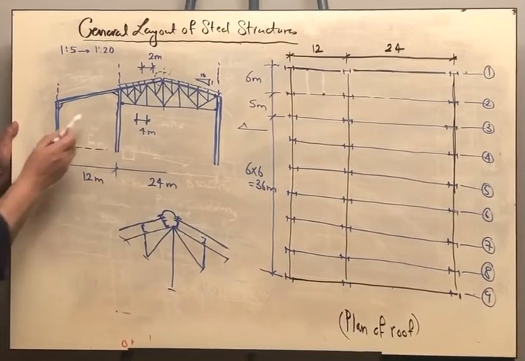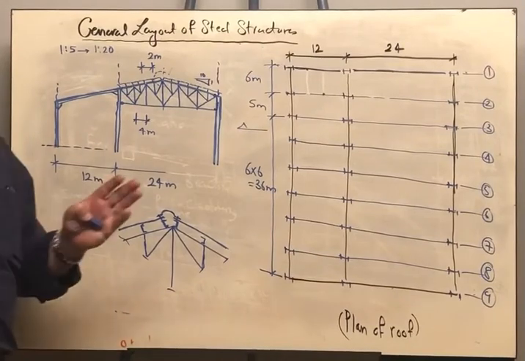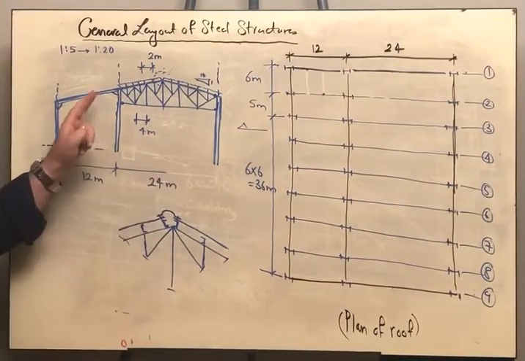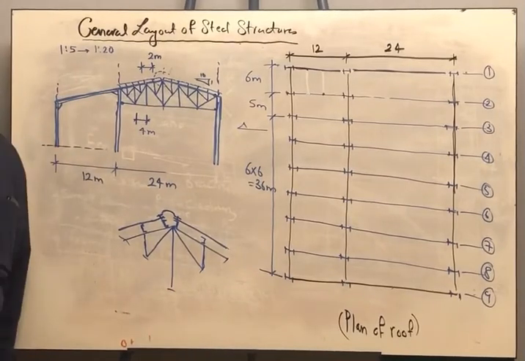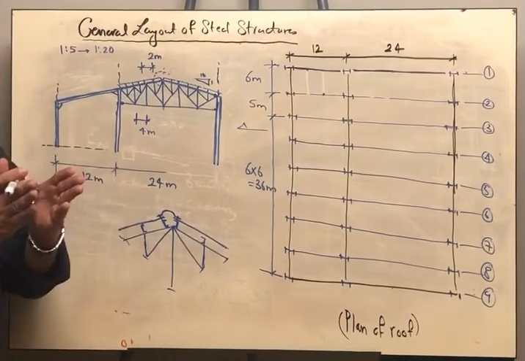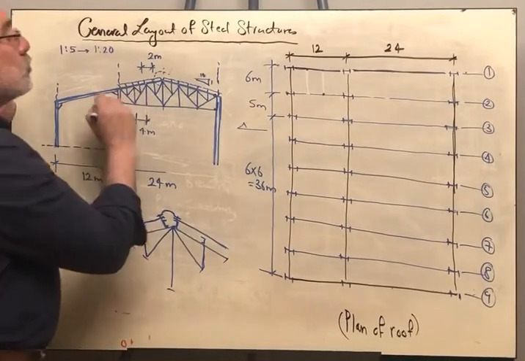In the other part, for the part of the frame, you are free to select whatever spacing you like, because there is no restriction where you can put the purlin. You can put the purlin anywhere. We know that the spacing between the purlins ranges from 2 to 3 meters.